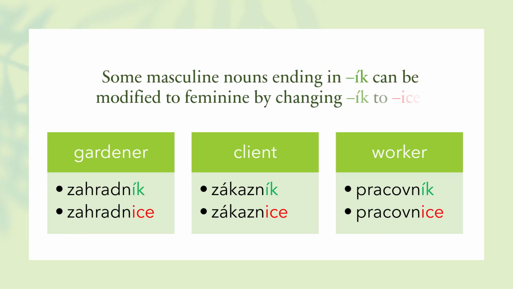Some masculine nouns ending in ik in Czech can be modified to feminine by changing the ending ik to ice. For example, gardener in Czech is zahradník, a male gardener. A female gardener would be zahradnice.